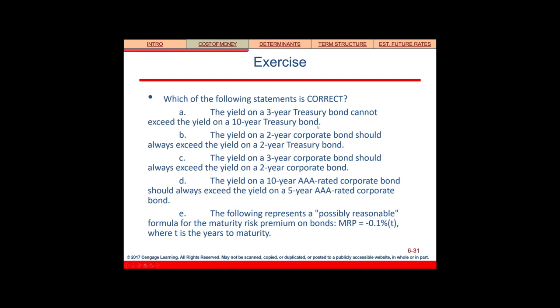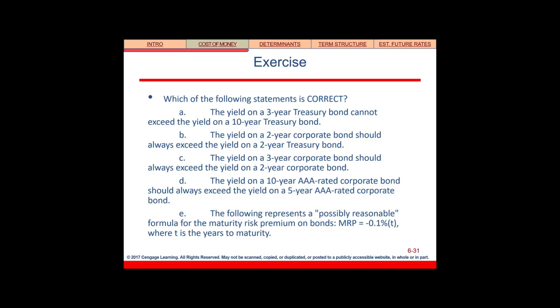The good thing is that they are all treasury bonds, so you don't need to consider the default risk premium or liquidity premium, right? And they all have the same real rate of return. So the two differences between these two bonds are the maturity risk premium and the inflation premium, right?